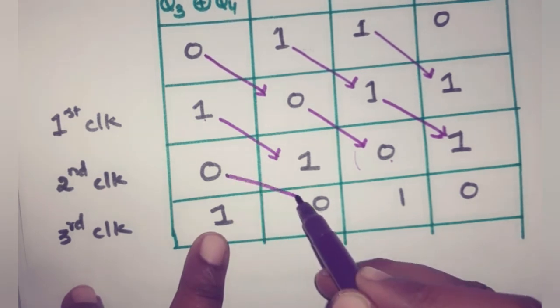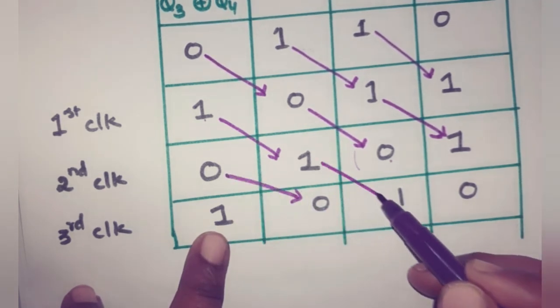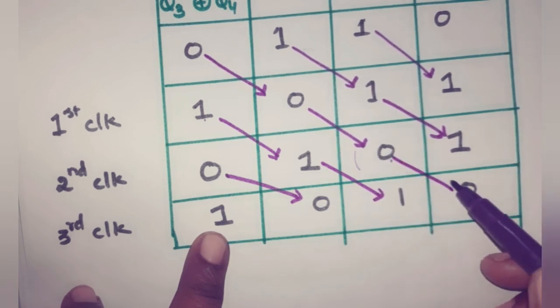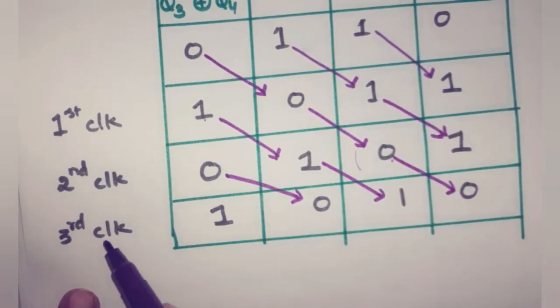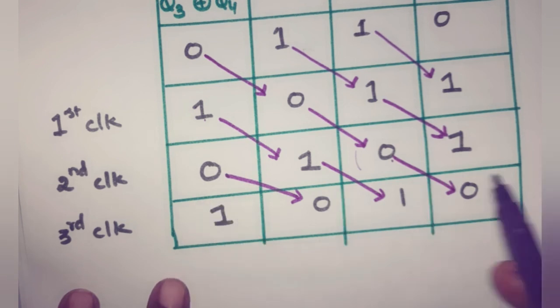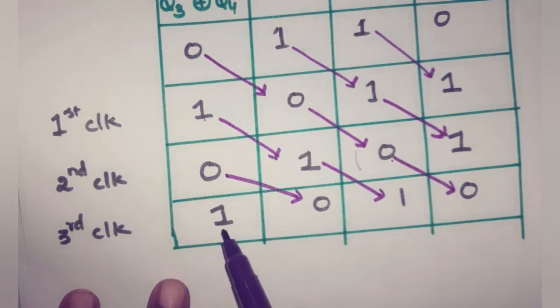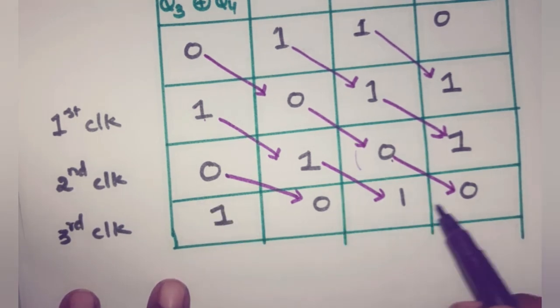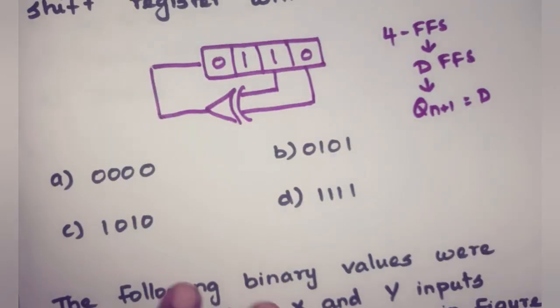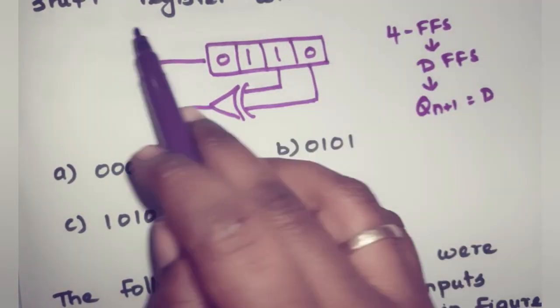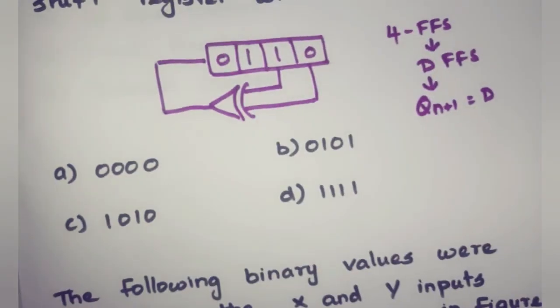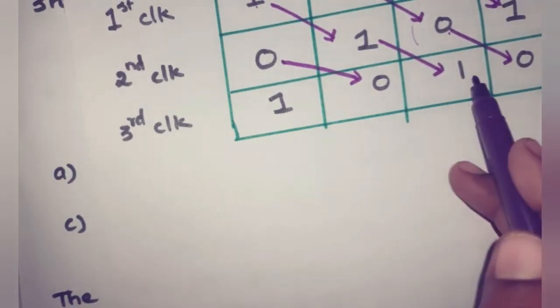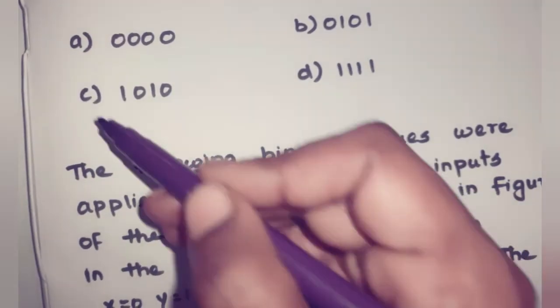So this 0 will be shifted here, 1 will be shifted here, 0 will be shifted here. So after this third clock pulse, the state of the 4 flip-flops is 1, 0, 1, 0. Your question is the content of the shift register. The content of the shift register is 1010. So the answer is C.